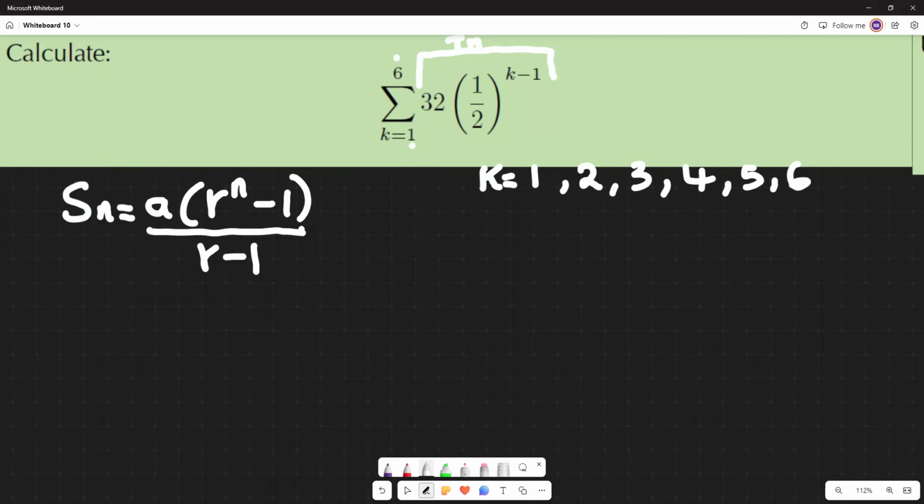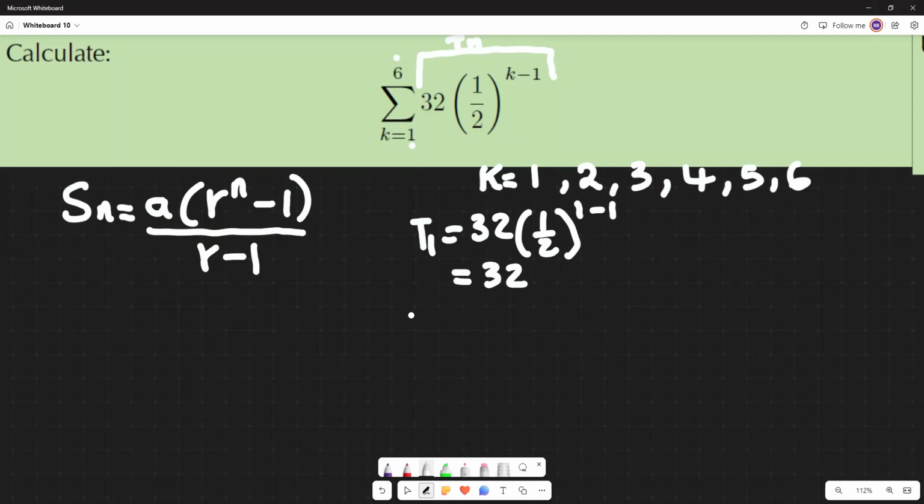I always like to substitute the first two terms. So I'm going to substitute k equals 1 there and see what you get. I'm going to have 32 in bracket, then I replace the k with 1, then we have a minus 1. Then you can see that T1 in this case is going to be 32.